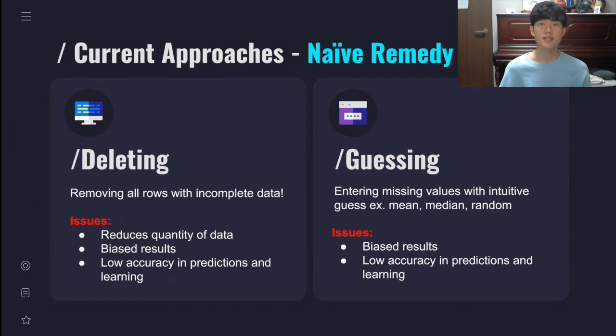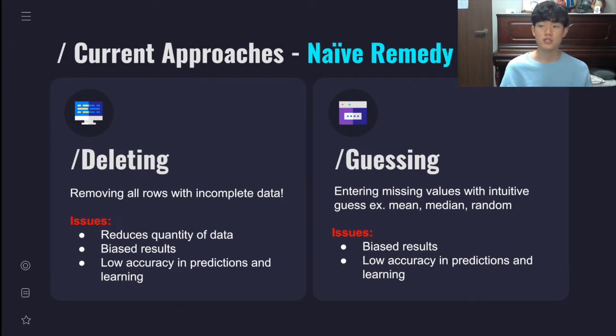The first technique is naive remedy. Naive remedy could be done in 2 big ways, one approach being deleting and the other approach being guessing. Now, deleting is basically removing all the rows with incomplete data. Due to its simplicity, it has a lot of issues, such as reducing the quantity of the data, showing biased results, and it also has low accuracy in predictions and learning.